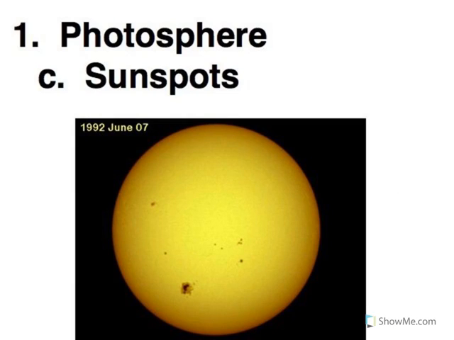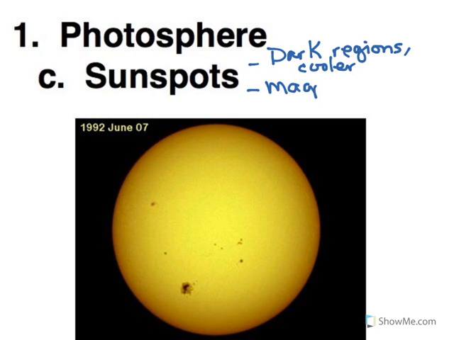Those dark spots that we saw in the previous image are called sunspots. So these are dark regions. And being darker tells us that they're cooler than their surroundings. And this is also due to magnetic field distortion.